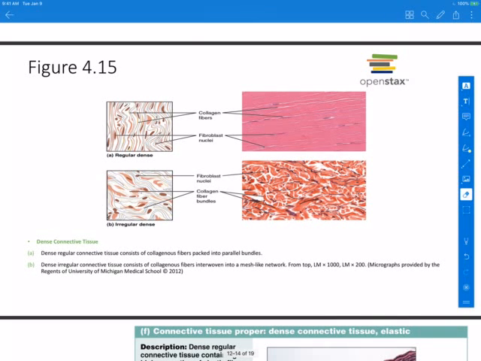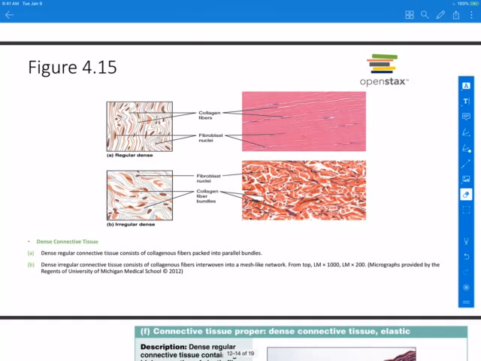Now, the irregular dense tissue, what's different about it is the fibers are not parallel to one another. In fact, they kind of seem like they are oriented in every direction imaginable. And these fibers include collagen fibers, mostly. They're just irregularly arranged, and some elastic fibers. The major cell type, again, is still a fibroblast.